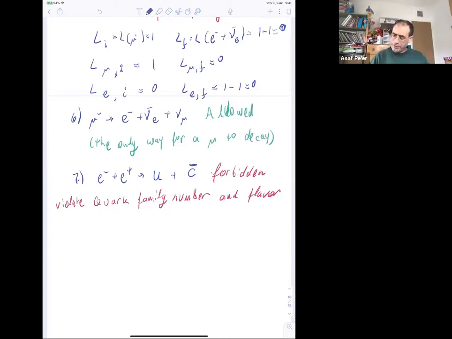So we have here the lepton number, the family number, and the baryon number are all conserved.